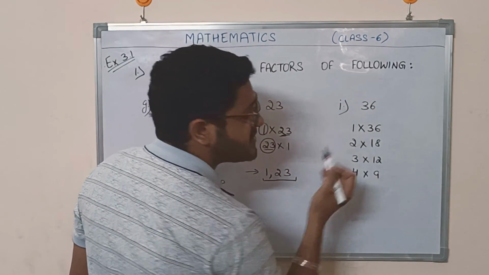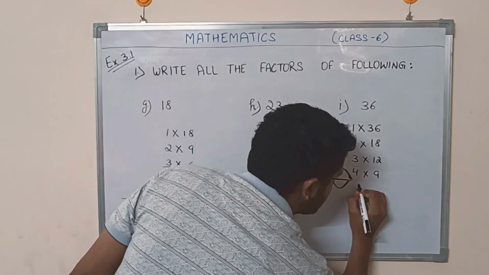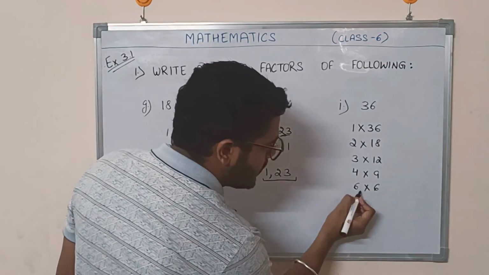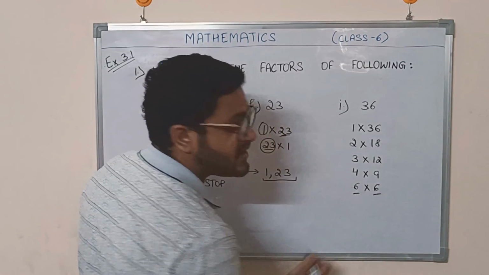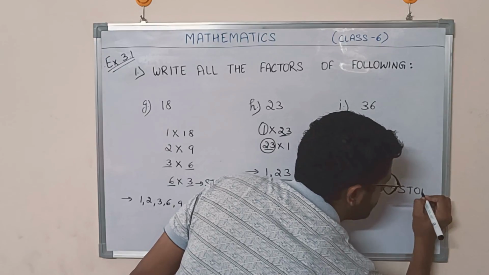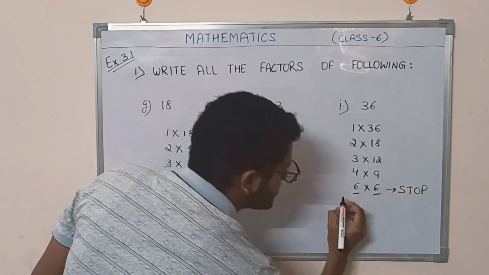When you divide 36 by 5, you will not get a 0 remainder. Now try with 6. 6 into 6 is 36. But see, here our factors start repeating. So we will stop. Okay.